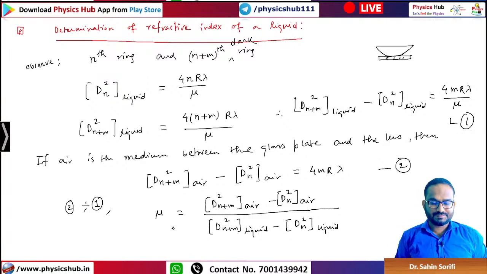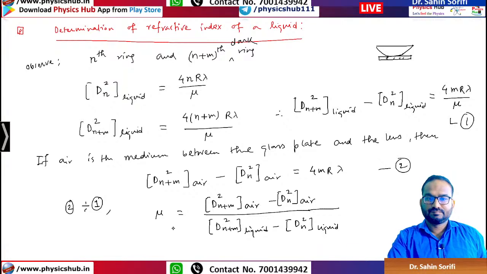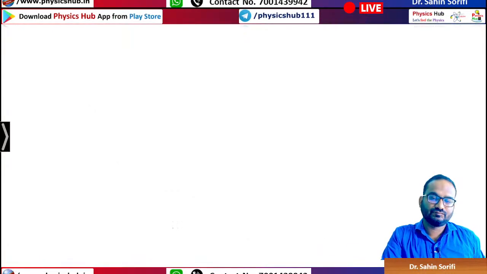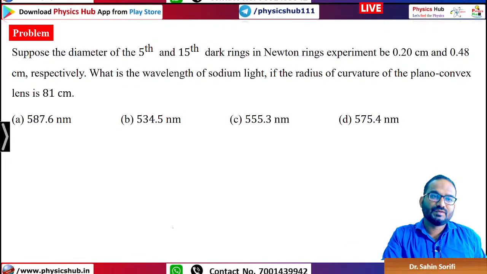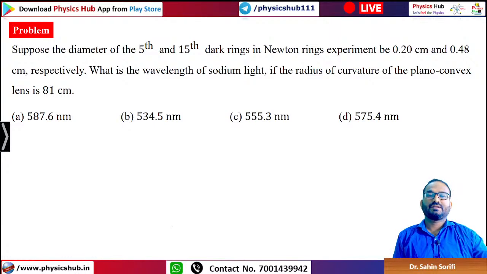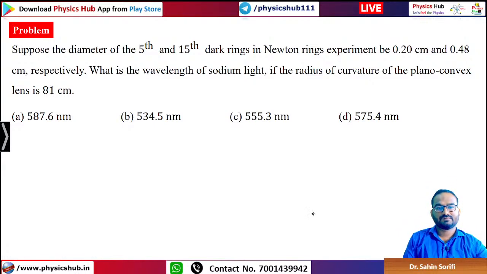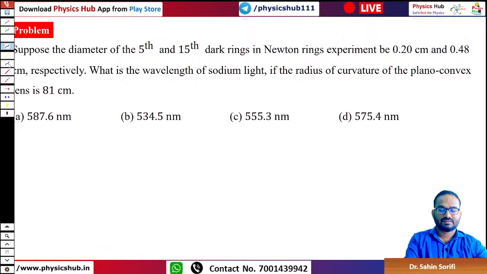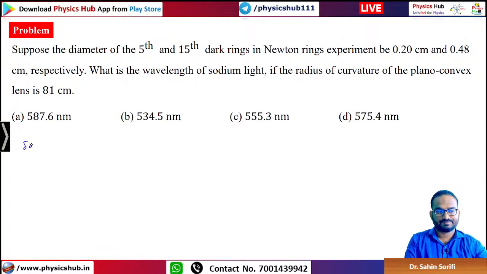If there is no question, do this problem. Suppose the diameter of the 5th and 15th dark rings in Newton's ring experiment be 0.20 centimeter and 0.48 centimeter respectively. What is the wavelength of the sodium light if the radius of curvature of the plano-convex lens is 81 centimeter?